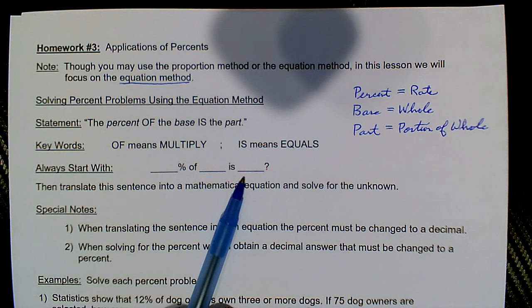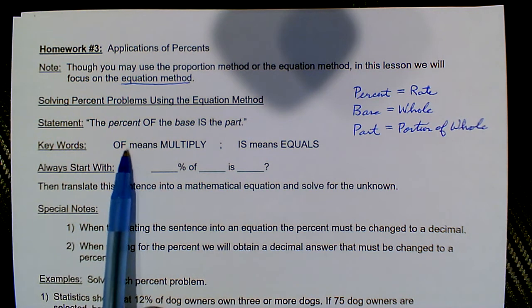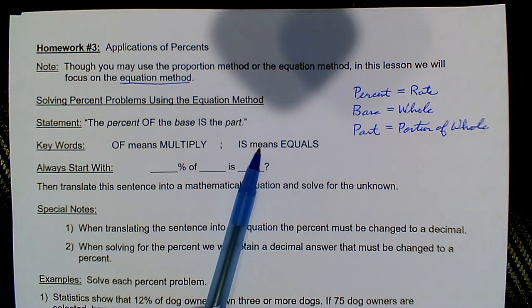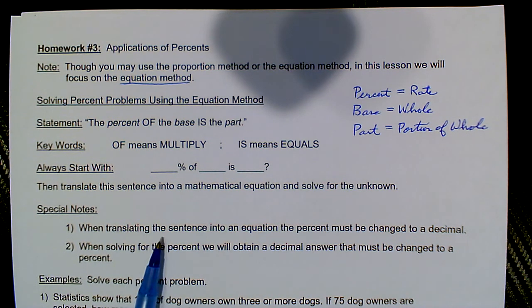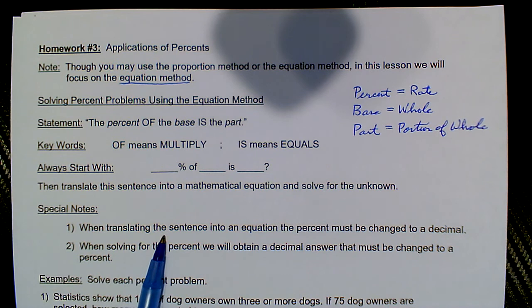So with the equation method, we're always going to start with blank percent of blank is blank. And we saw that last class. And then we're going to translate it. Remember, of means multiply and is means equals. And then we translate and solve for the unknown. So we mentioned some special notes last time about this procedure.